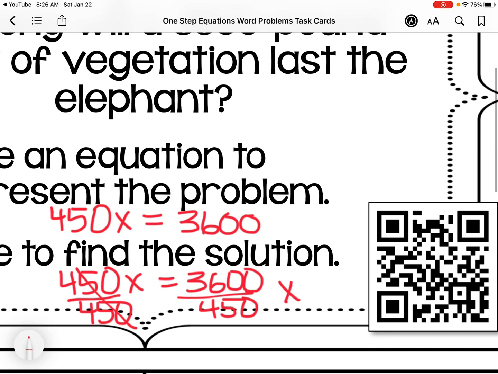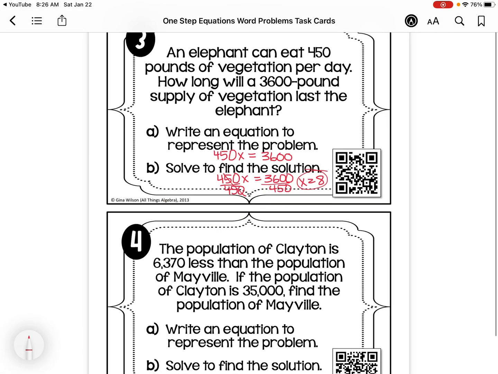So X equals, I honestly don't know. I have to pull up a calculator real quick. So I'm going to put 3,600 into my calculator, divided by 450. And I get 8. So it's going to last the elephant 8 days.